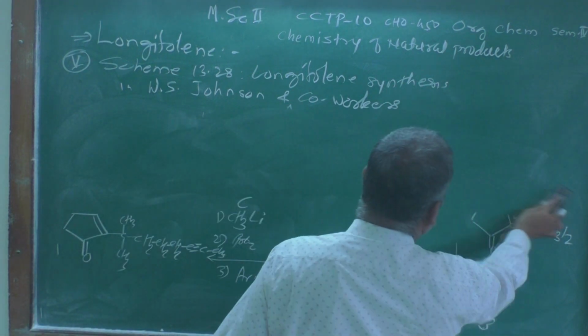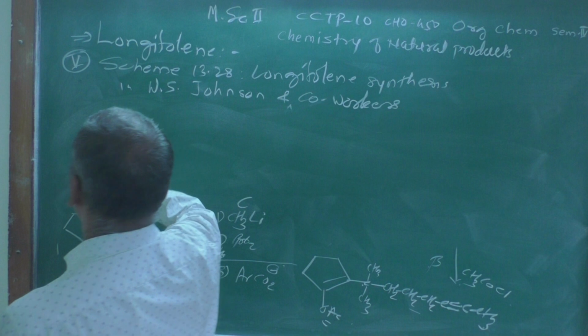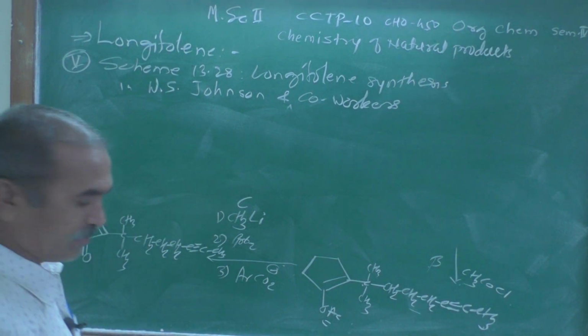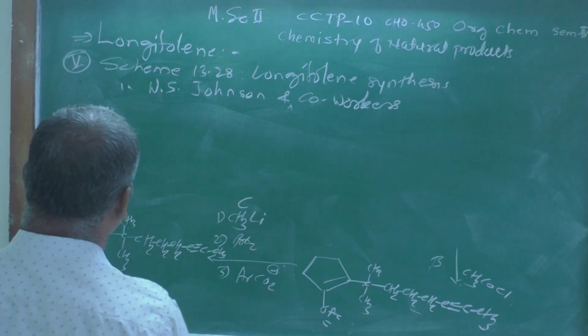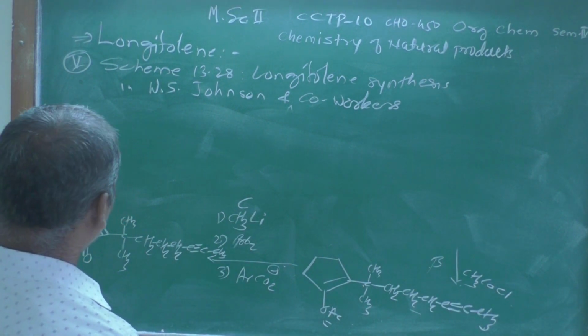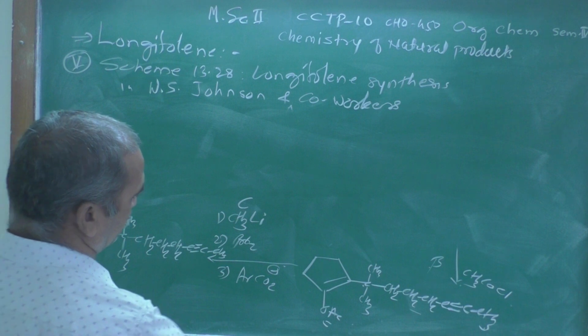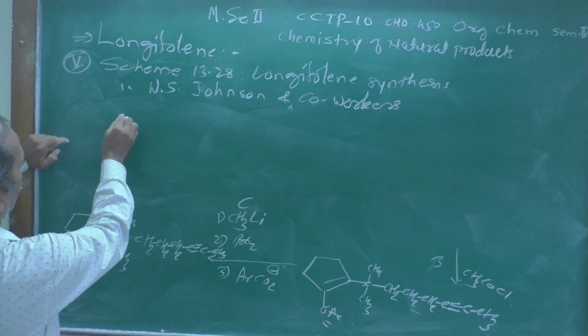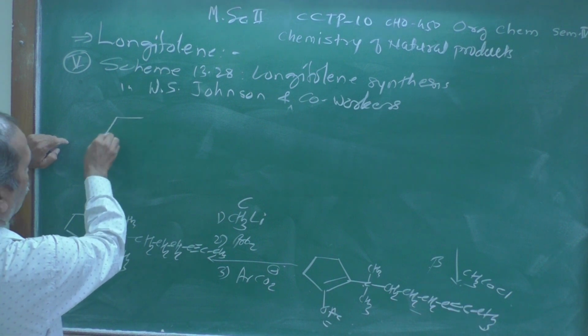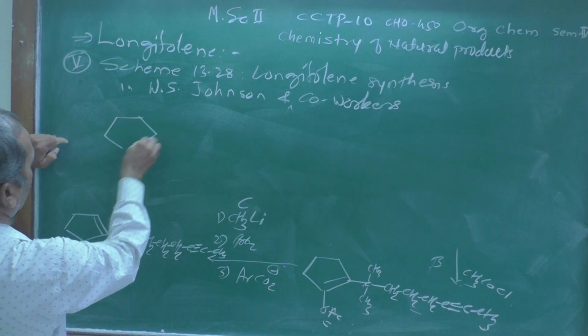So let me clean this first, and I am trying to show this one. Now here methyl lithium is a strong base. See over here, this is a compound I am writing over here. This is the 5-membered ring, right?